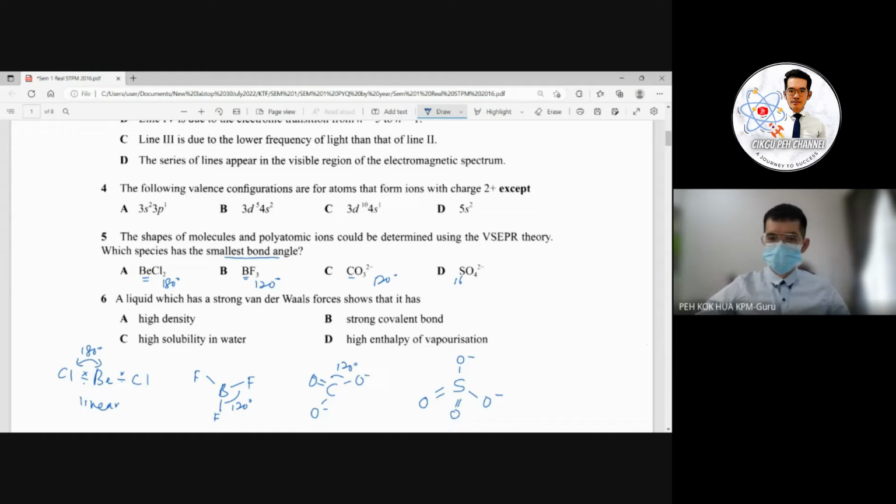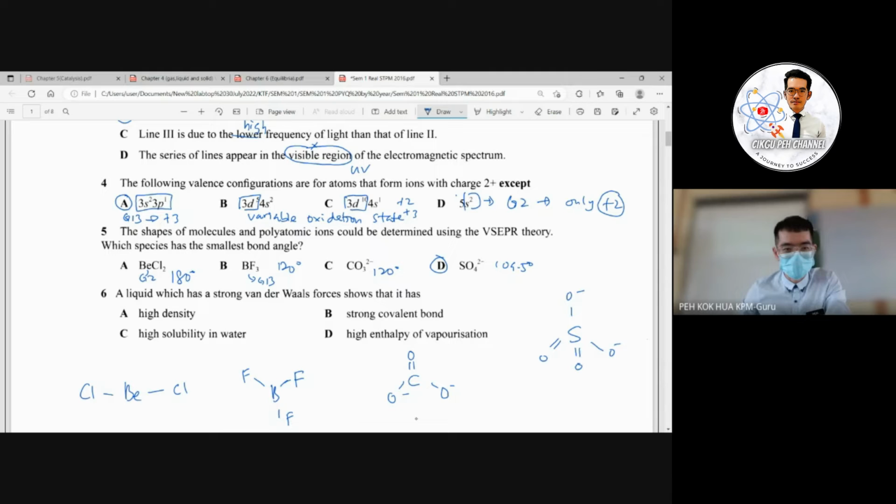So this will be the shape of the tetrahedral. So for the tetrahedral, the angle will be 109.5 degrees. So from here, we are clear that the smallest bond angle for the species A to D here will be D. So the answer for number 5 will be D.